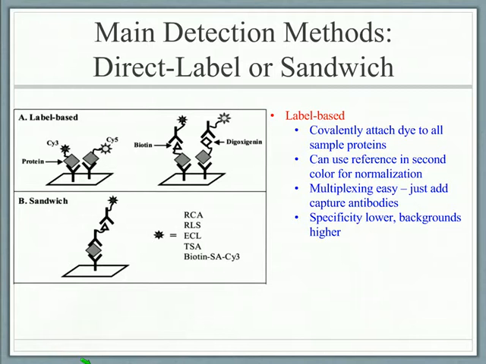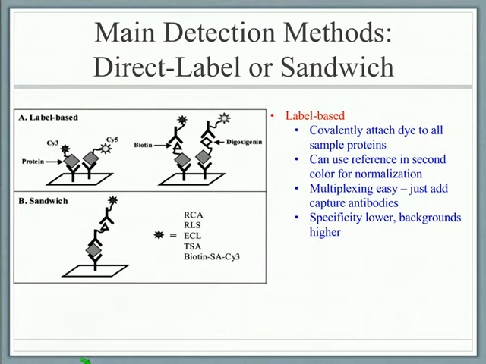So we take a complex biological sample, react a fluorescent dye with all the proteins so that they all are labeled, and we use a capture antibody immobilized on the surface to capture the target that's labeled, and we can scan for fluorescence. One of the advantages of that method is that we can use a two-color format to compare a sample to a standard reference sample, which gives us good reproducibility and precision between the assays.